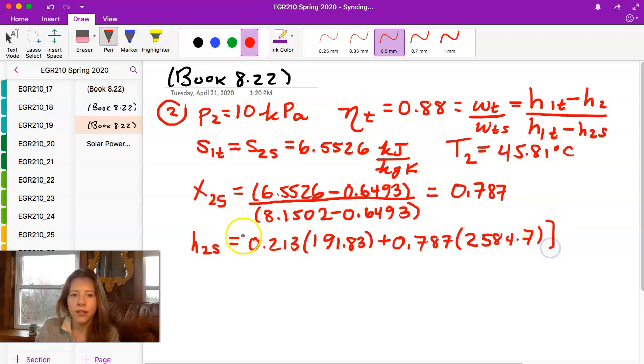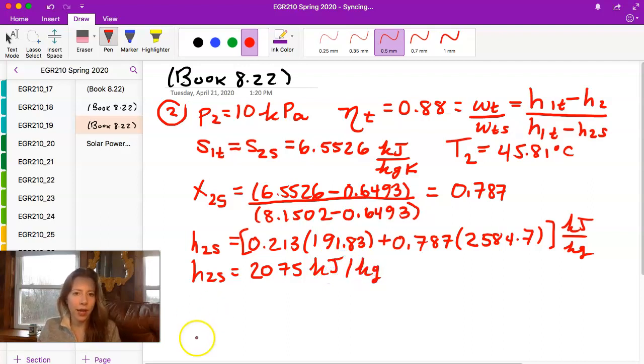And all this is going to be in kilojoules per kilogram. And so H2S is going to be 2,075 kilojoules per kilogram.